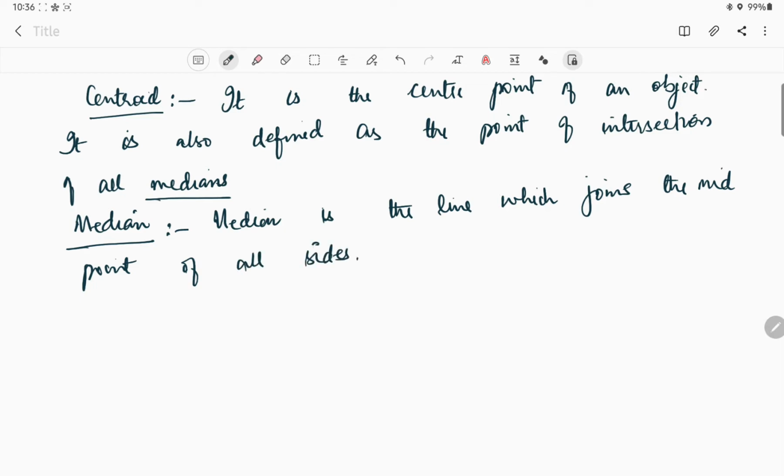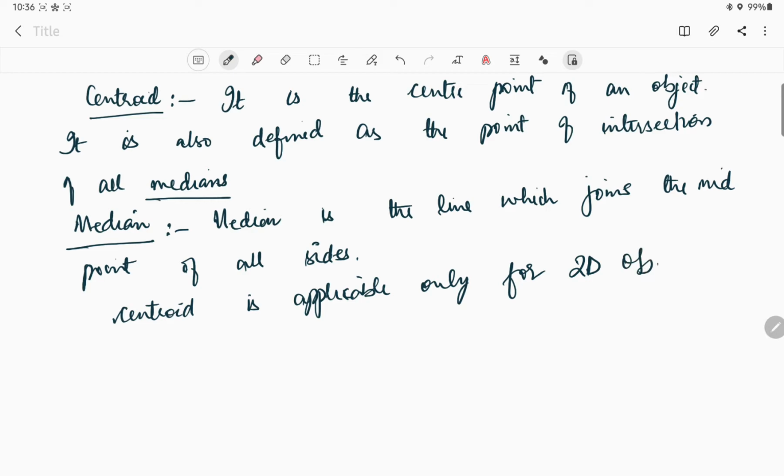Moreover, centroid is applicable only for 2D objects, because we'll be studying center of gravity also.